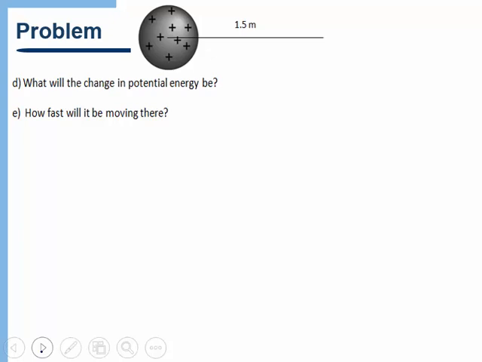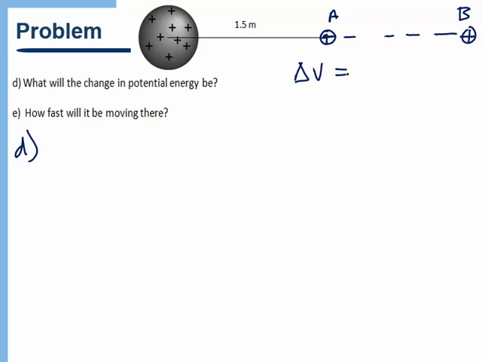So the next part of the question is, what is the change in potential energy as our proton now goes from point A all the way out here to B, which is out at infinity? So now this is where we're going to calculate delta U. Remember, by definition, delta V is equal to delta U over Q. So make sure you understand what's potential difference and what's change in potential energy.